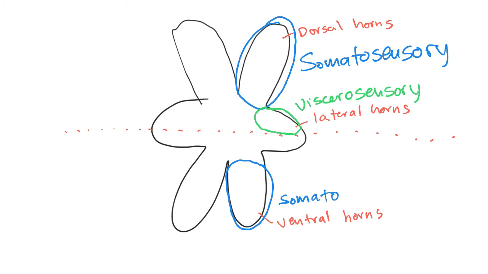So the ventral horns have somatomotor nerves. And then, what is this last part? Good.